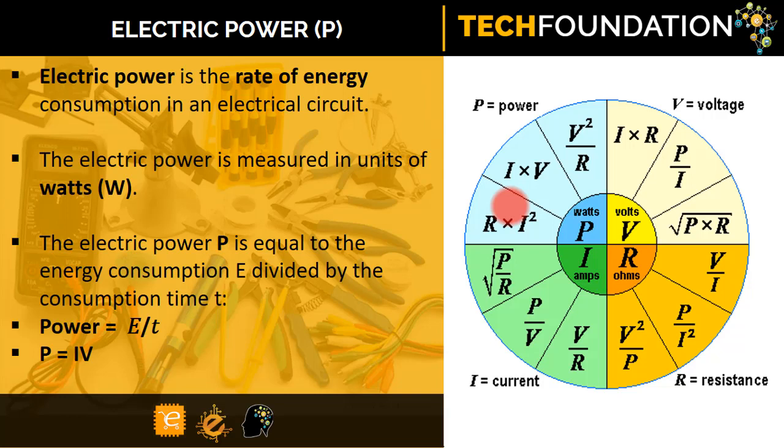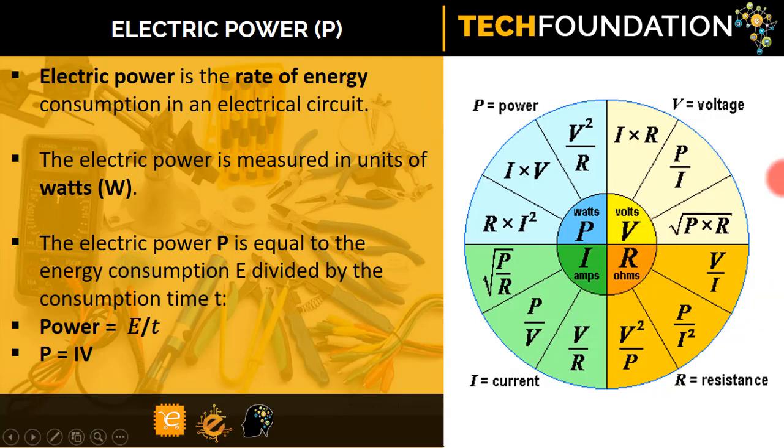Okay, so this chart here, we call it the power wheel, is showing the various relation between power, voltage, resistance, and current. So with this chart, you can perform a lot of calculations whenever you have any of these parameters.